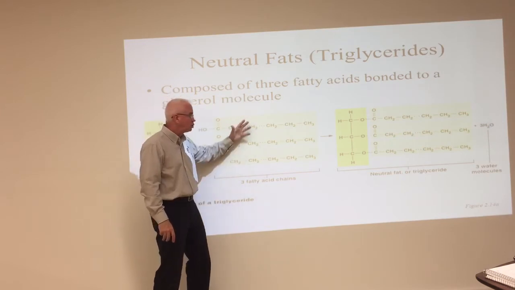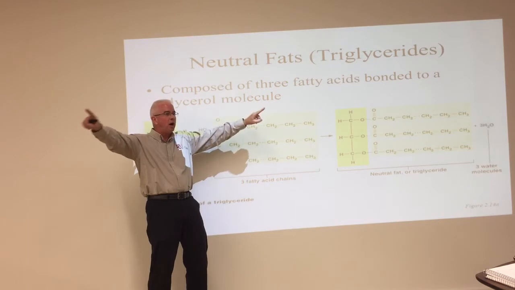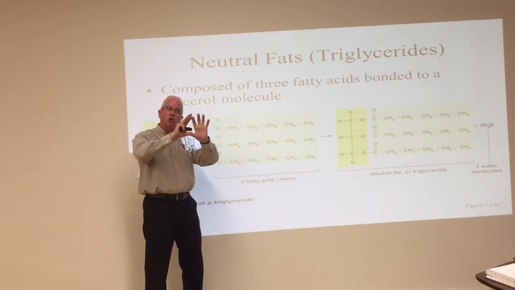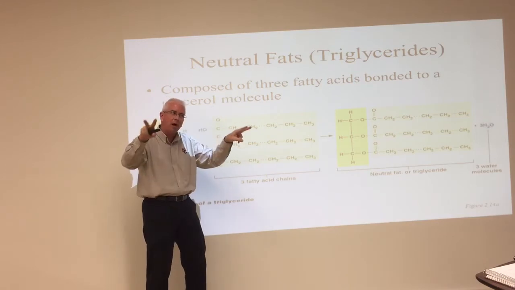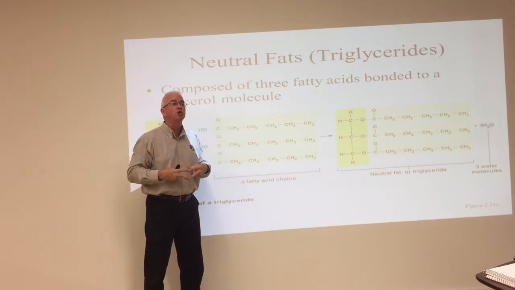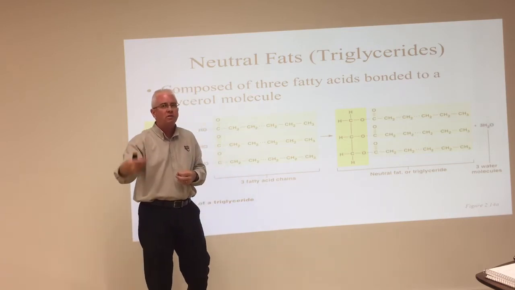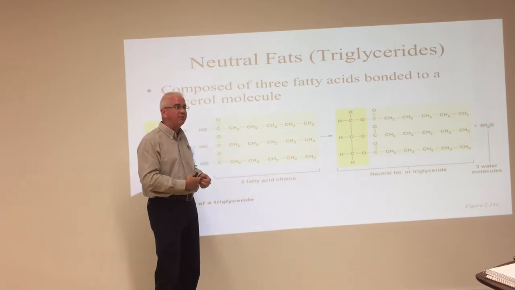So when you look at a triglyceride and you see all single bonds, those are saturated fats. When you see double bonds between the carbons, those are unsaturated fats. And the more double bonds you see, the more unsaturated the fat is.